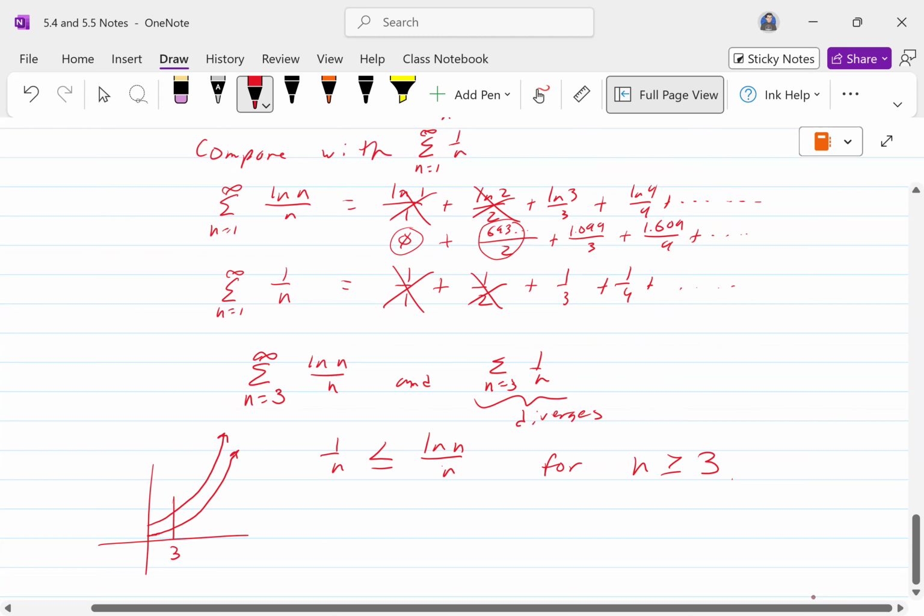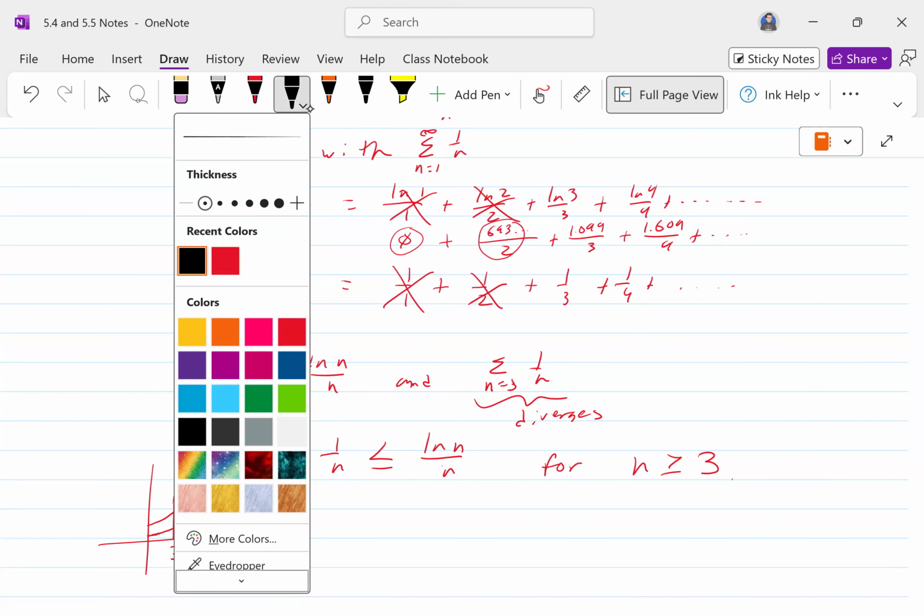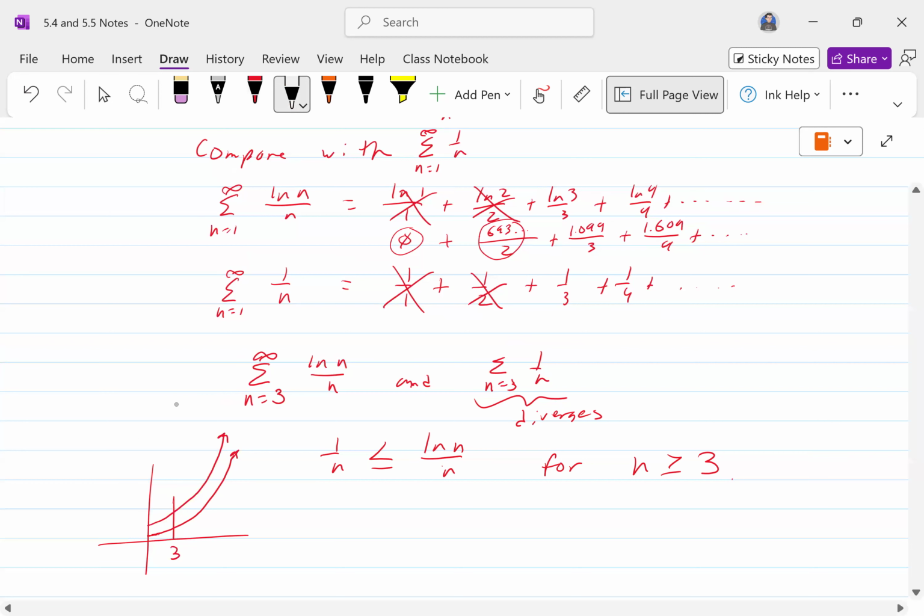And we're saying that these things are always divergent, then it's going to be divergent. So this thing diverges.